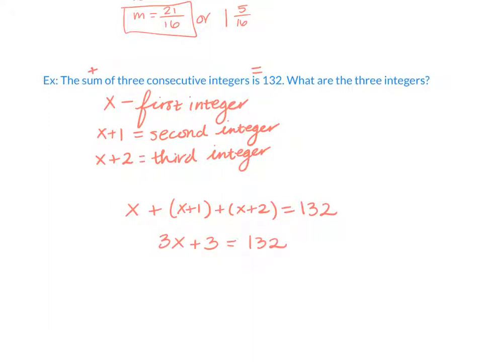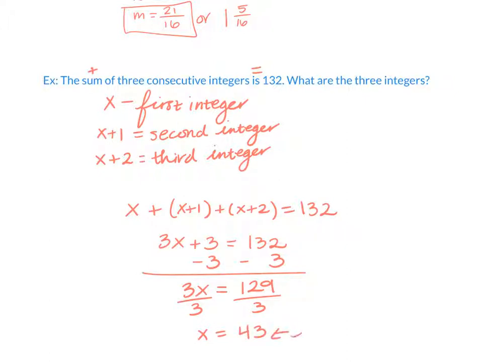And then to solve for my solution, I'm going to subtract 3 from both sides. I get 3x equals 129. And then I'm going to divide both sides by 3 to isolate that x. So what I end up with is x equals 43.